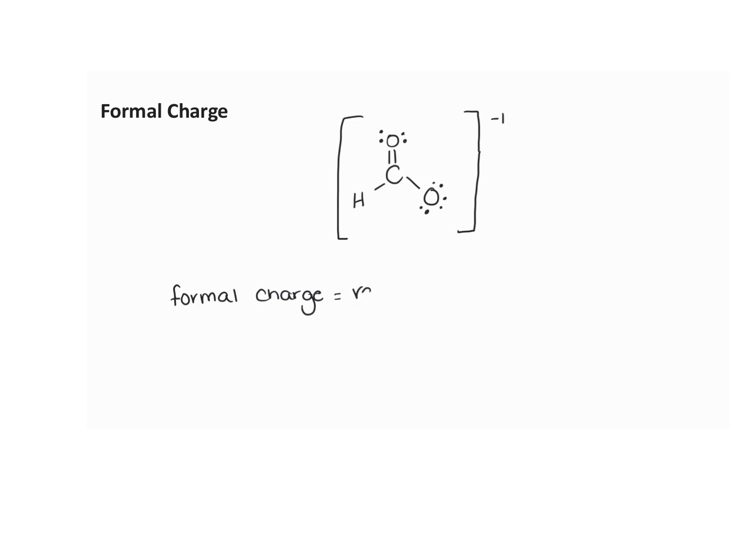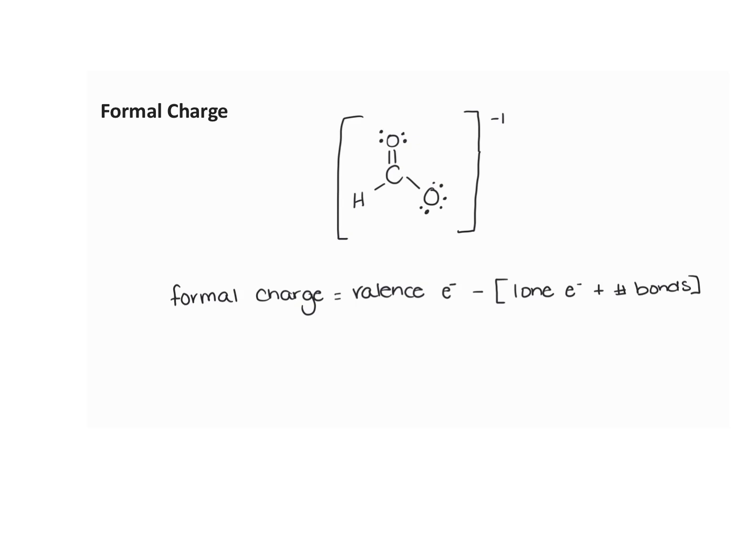So we take the valence electrons and we subtract the lone electrons and the number of bonds. So we're going to add the lone electrons and the number of bonds, and we're going to subtract that from the valence electrons.